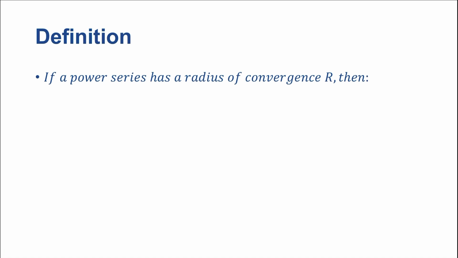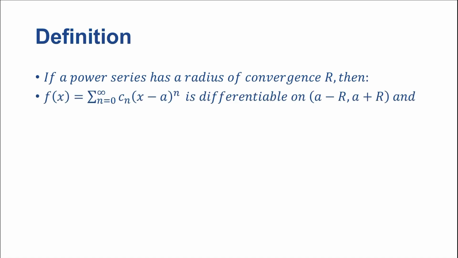Now, this is very similar to what we had the last time. So if we have a power series with a radius of convergence r, then the series is differentiable, thus integrable as well. So what this means is that if I want to take the integral of f of x dx, then I can also take the integral of the power series.